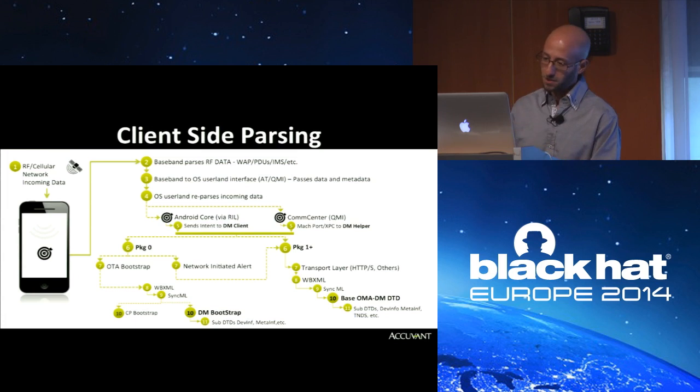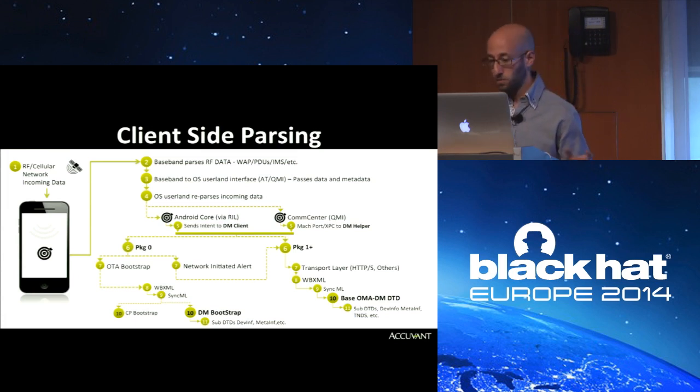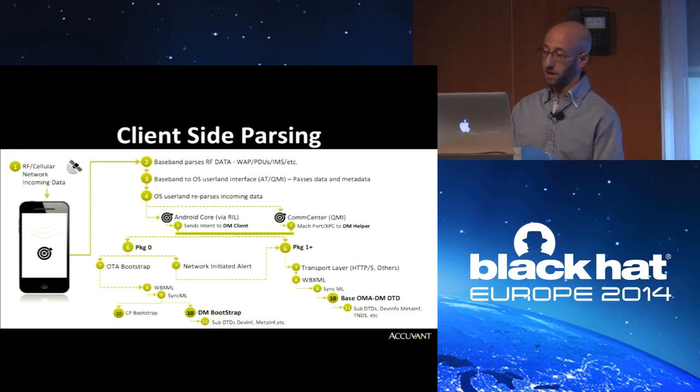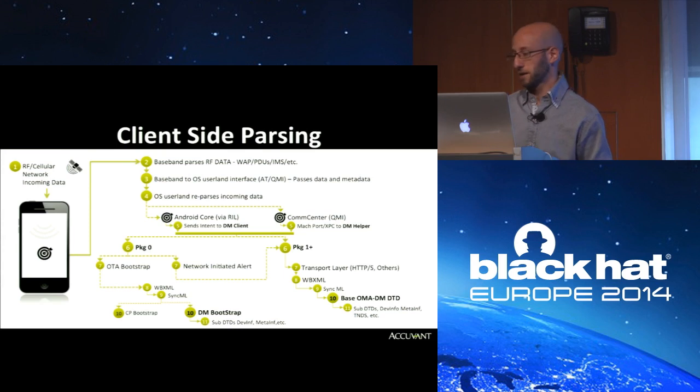From there, you have two major types of payloads or package types. The over-the-air Bootstrap that we talked about earlier, or a network-initiated alert. The Bootstrap will, after being received, go directly into the WBXML parser and be able to start changing settings, whereas the network-initiated alert just tells the device to connect home, and it'll then begin what's called the package one process and start communications with the server.